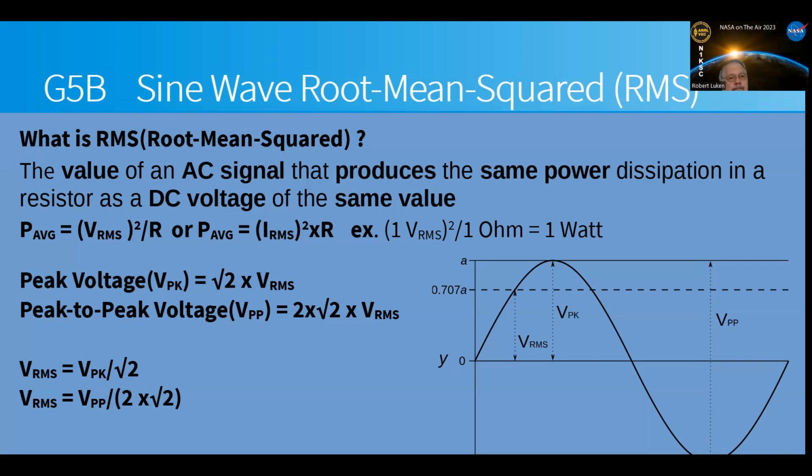But the two on the bottom, where voltage RMS is equal to the peak voltage divided by the square root of 2, or the peak to peak value divided by 2 times the square root. In other words, you take peak to peak voltage divided in half and then divided by the square root.